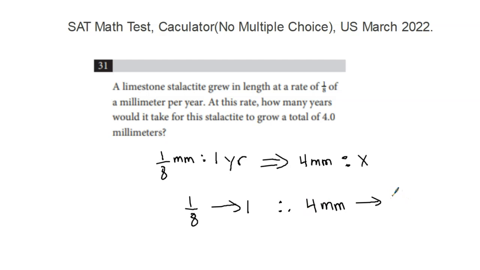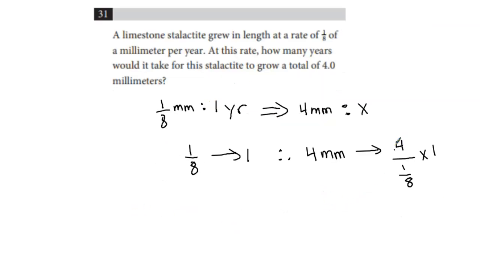It is just going to be 4 divided by 1/8 times 1 year, which is a whole number divided by a fraction. You keep the number, the division becomes multiplication, and you flip, so you get 32.